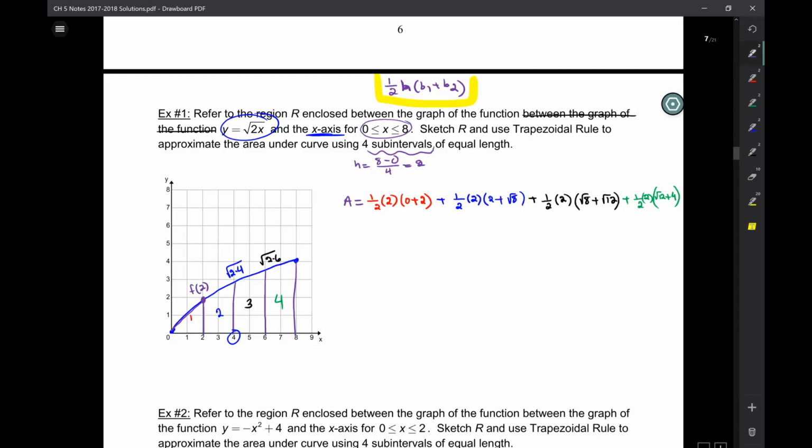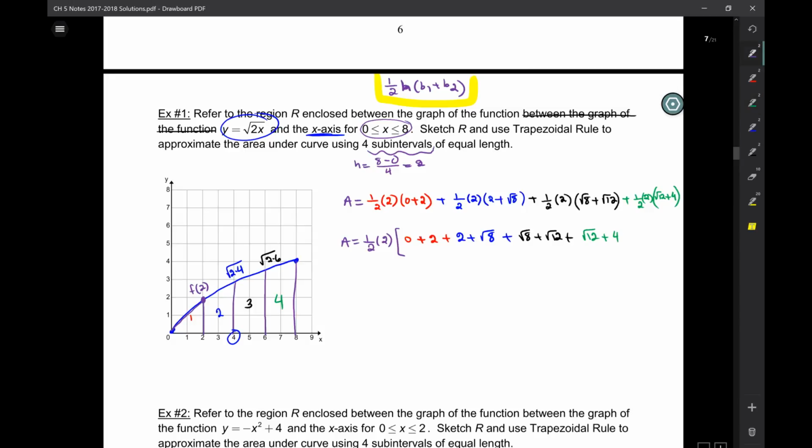What can we factor out? 1/2 times 2. And then what do I have left? 0 plus 2 plus what? Yeah, so 0 plus 2 plus 2 plus root 8 plus root 12 plus 4.